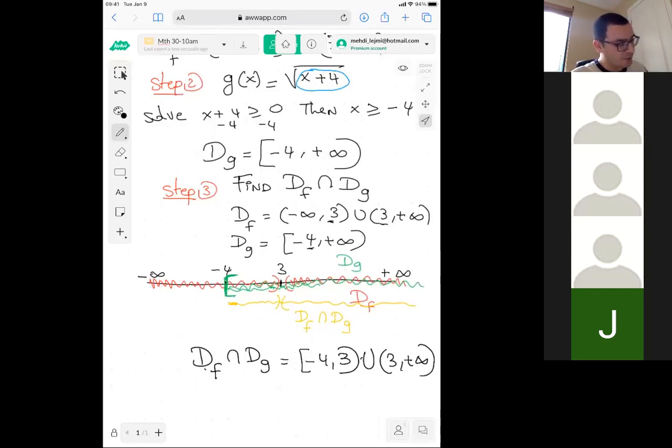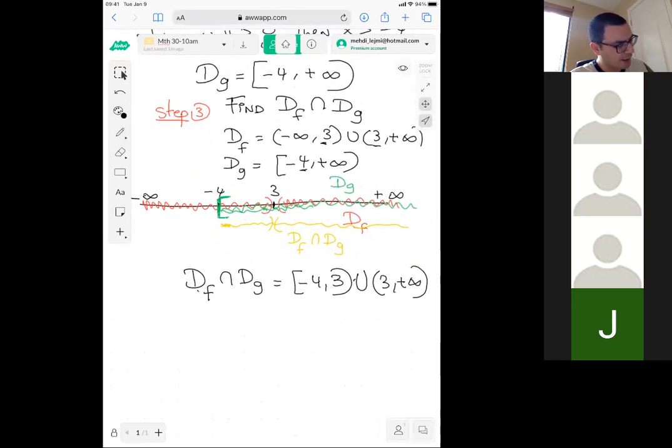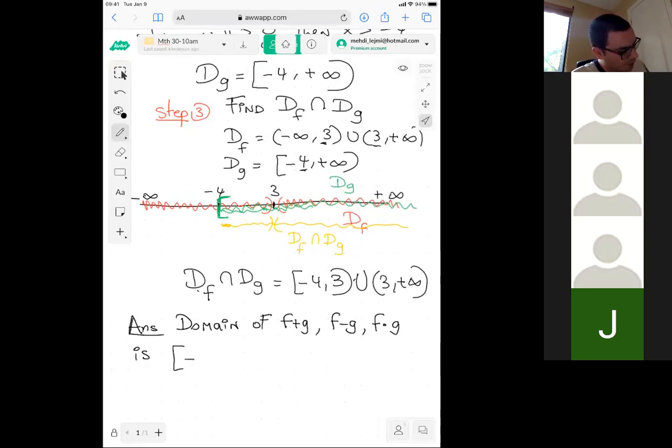So we almost got our answer. Our final answer: the domain of f plus g, f minus g, and f times g is -4 to 3, union with 3 to positive infinity.